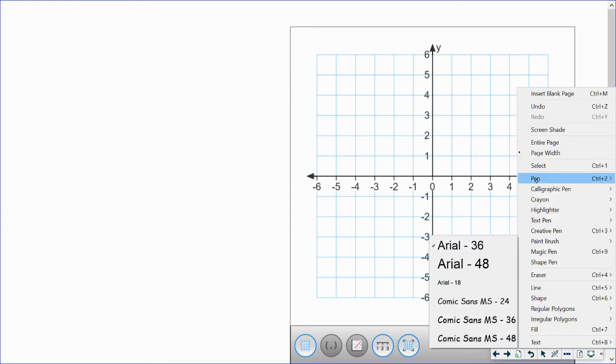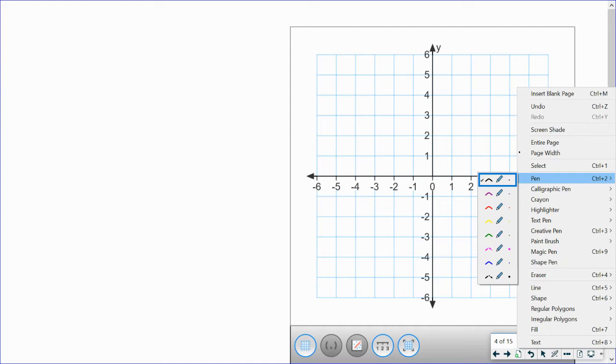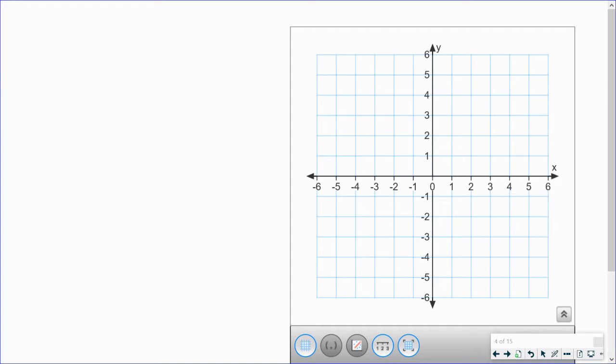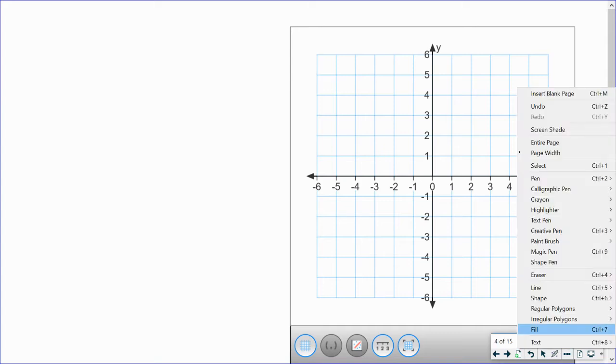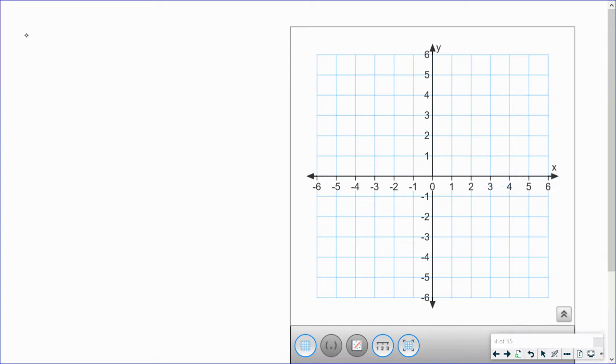For this particular problem, we're going to start off with an equation like y is less than 1/2 x minus 3.